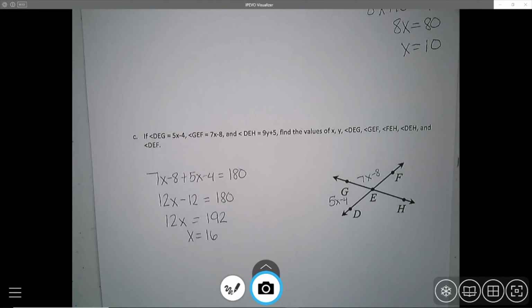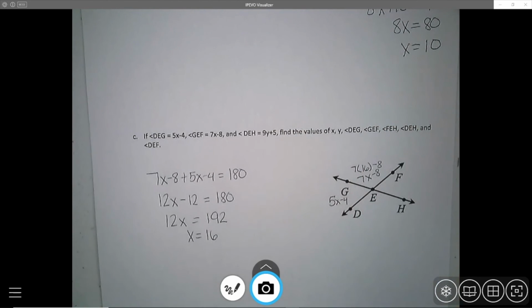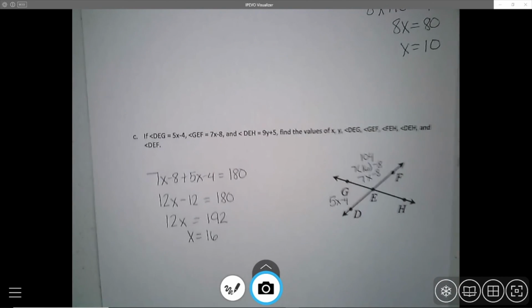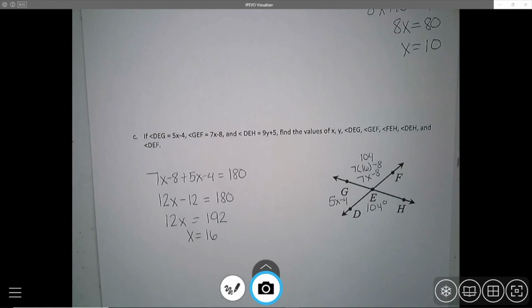Now, before I go any further, let's substitute in. 7 times 16 minus 8. 7 times 16 is 112, minus 8 is 104. If that top angle is 104, I can also put 104 down here at the bottom because those are vertical angles. Vertical angles are congruent or the same.